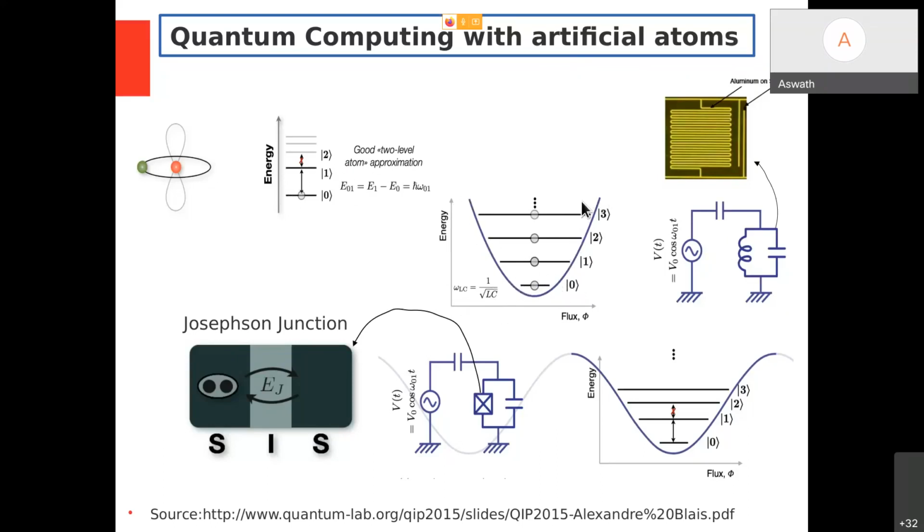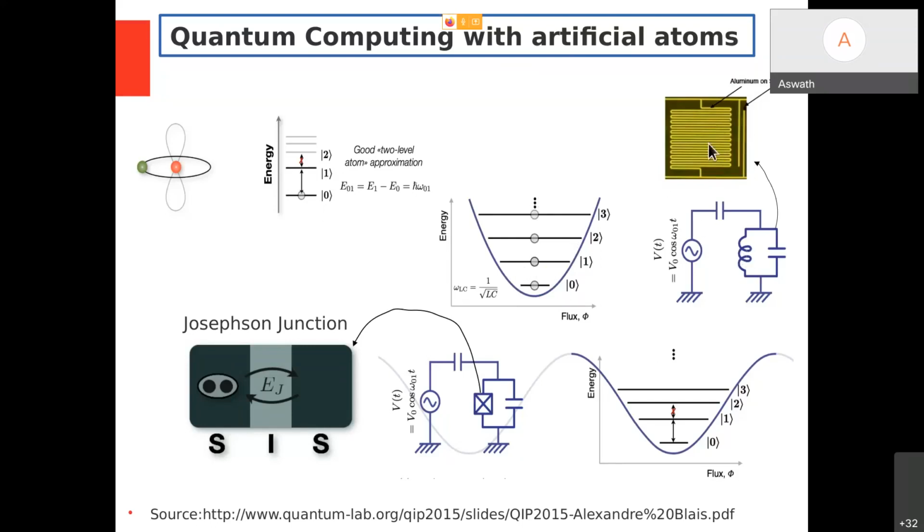The only thing is, if I somehow make these energies unequally spaced, I can exactly mimic the natural atoms. In experiments, there is an inductor and a capacitor, together forming a circuit.